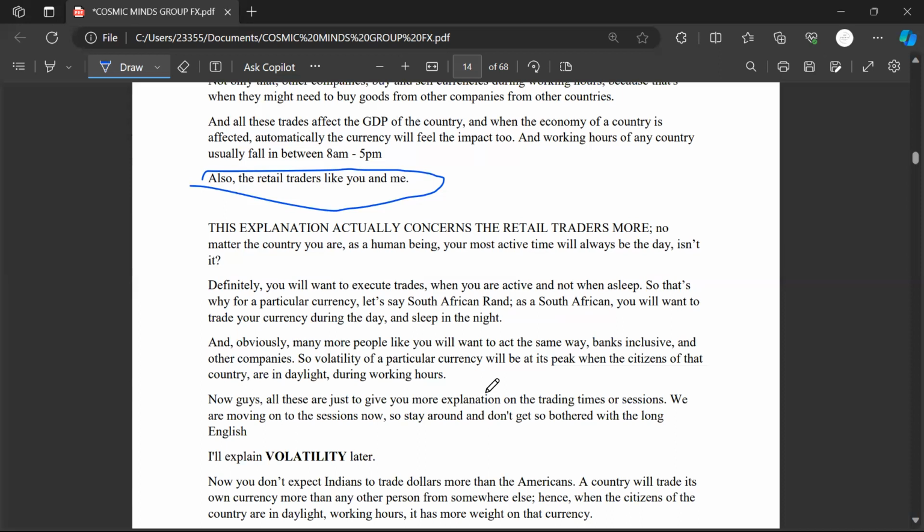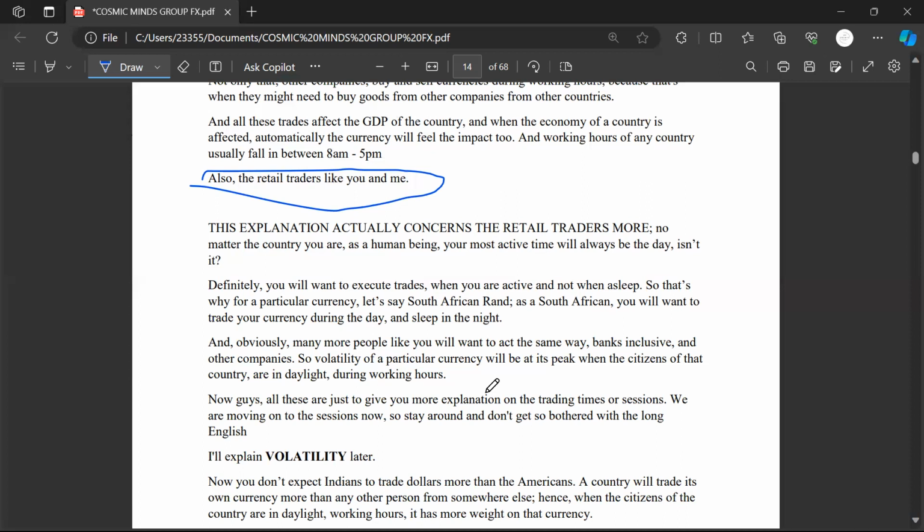As a South African, you want to trade your currency during the day and sleep in the night, right? And obviously, many more people like you want to act the same way, banks inclusive, and other companies. So volatility of a particular currency will be at its peak when the citizens of that country are active in the day.